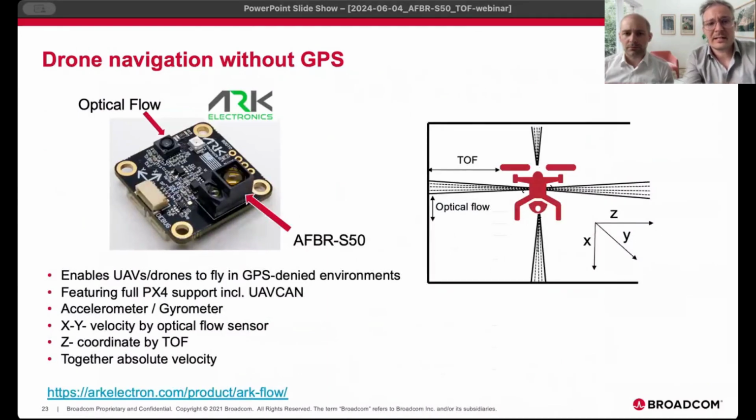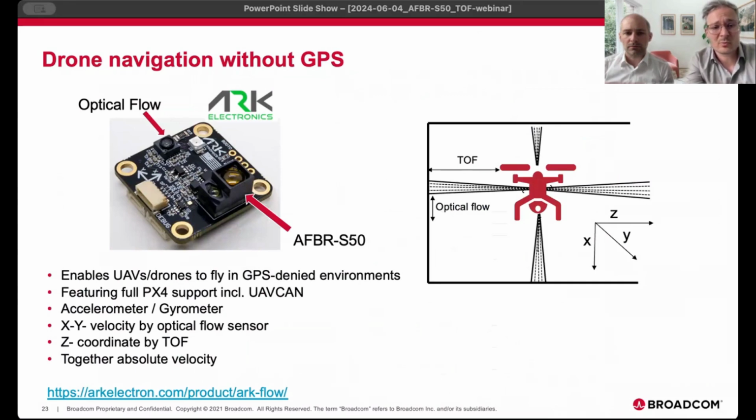This slide shows one reference implementation of our sensor. This is a part which can be purchased on the market from the company Arc Electronics. This part features not only our 30-meter time of flight sensor; I think there will also be the 50-meter version available soon.